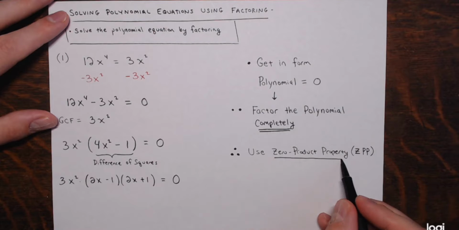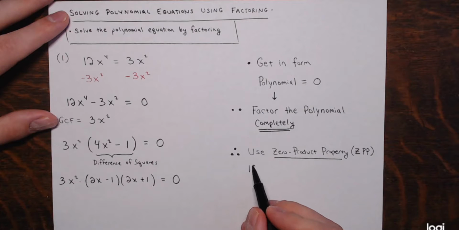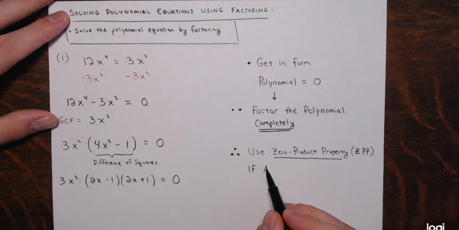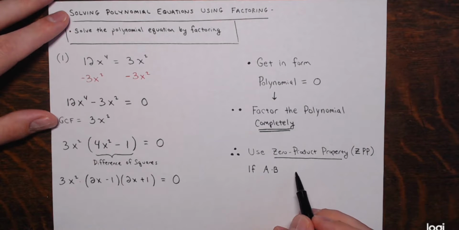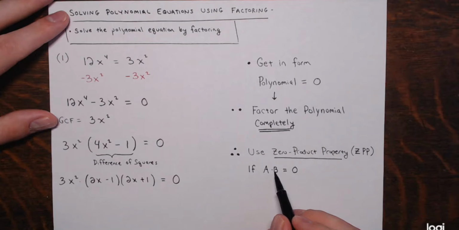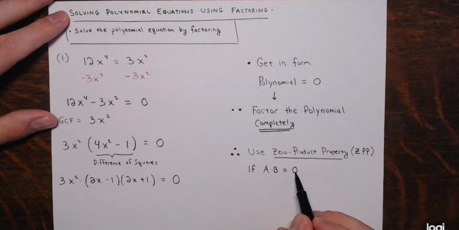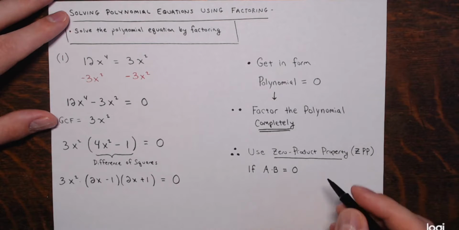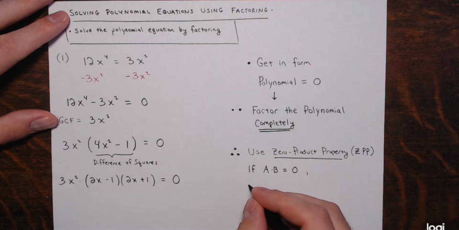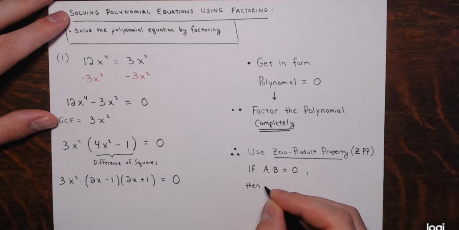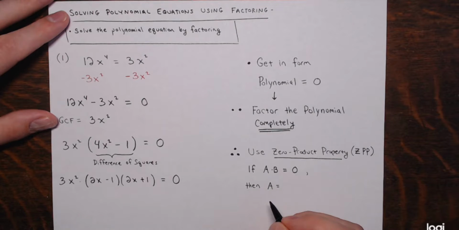Now the zero product property states that if a product of real numbers, and I'll just use 2 factors, it can be more than 2 factors, but if a product of real numbers is equal to 0, or complex numbers even, then one of those factors, either A or B or C, if there's a factor of C, then at least one of them must be 0.